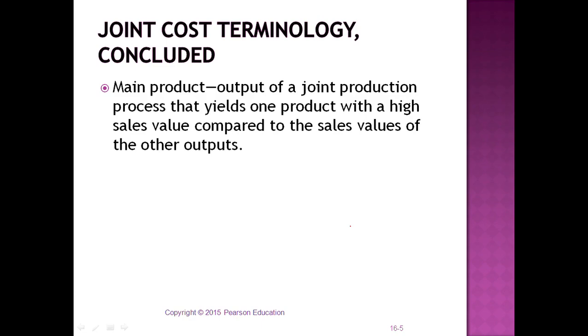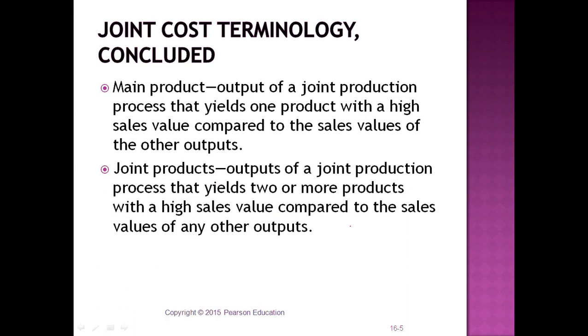So main product is the output of a joint production process that yields one product with high sales value as compared to the others. While sometimes what happens, you may not have one product with a high sales value and another product with low sales value. Rather, you may have multiple products which have almost comparable sales value. In that case, instead of calling one the main product and the others products, you can call them all joint products, right?